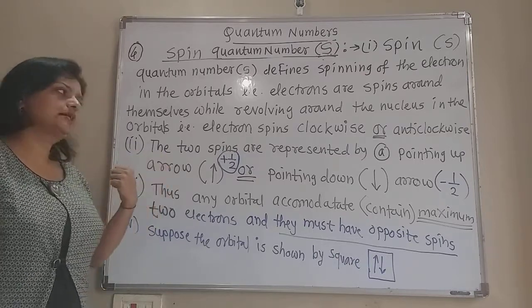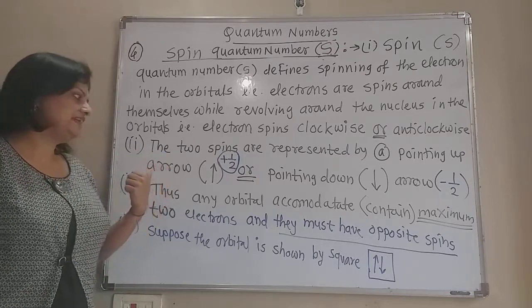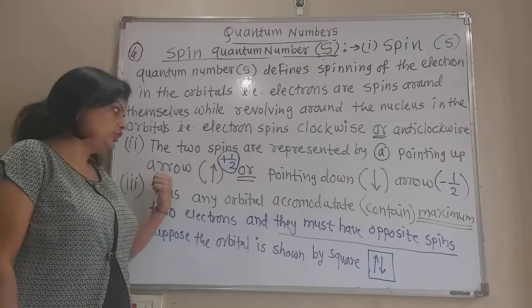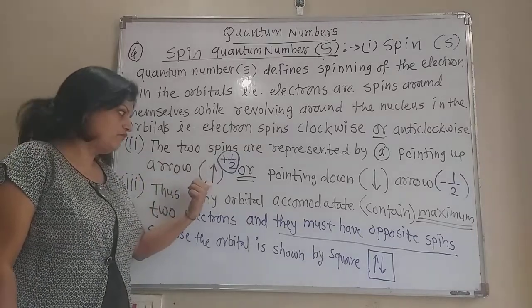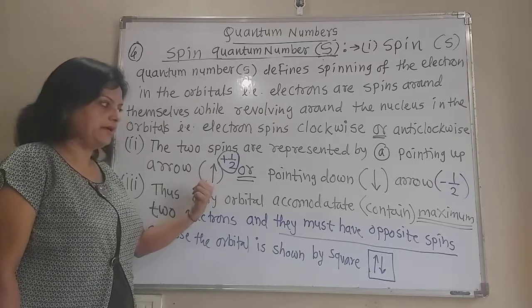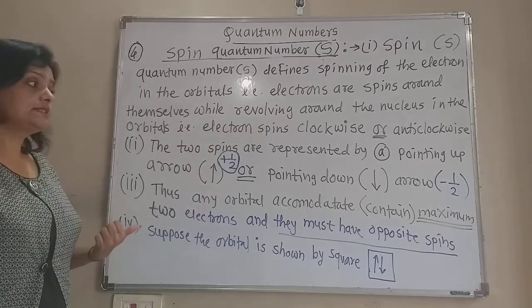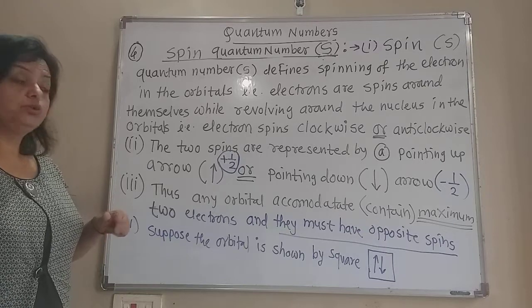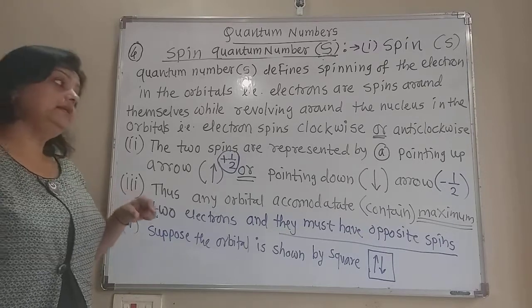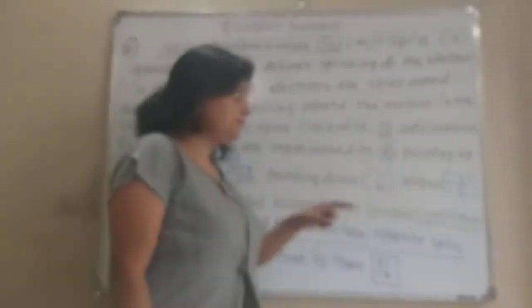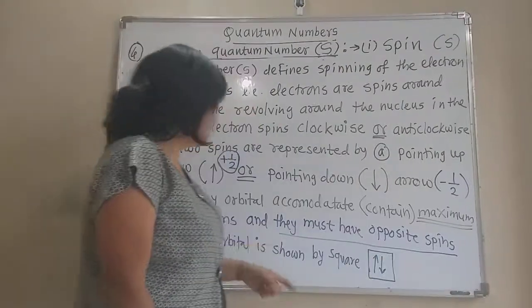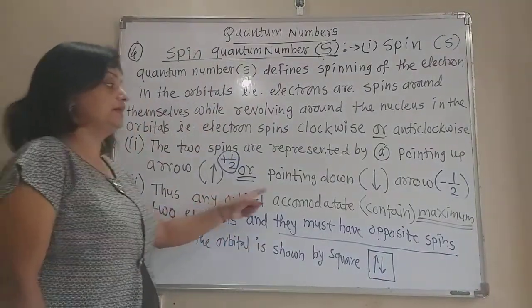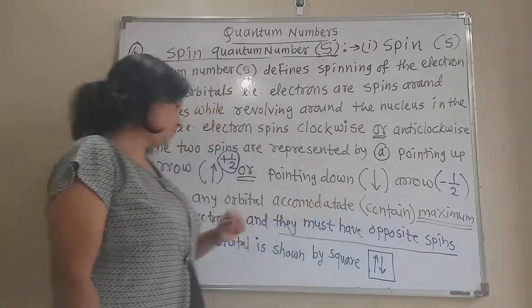If the electron spins clockwise, it is denoted by the upward pointing arrow with plus half. If it spins anti-clockwise, the value of the spin quantum number is minus half, and the electron is shown by the pointing down arrow.